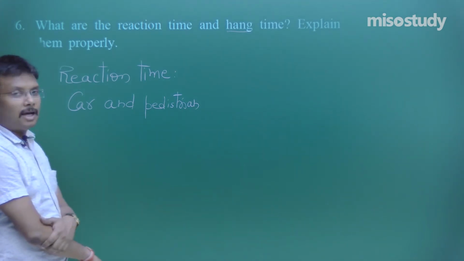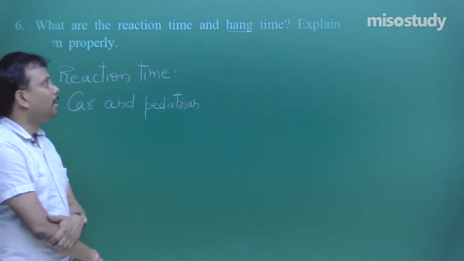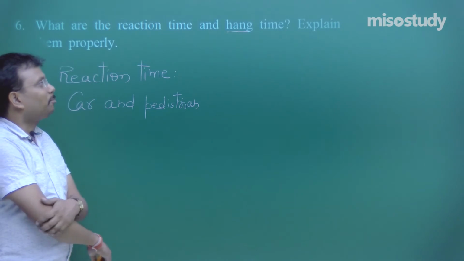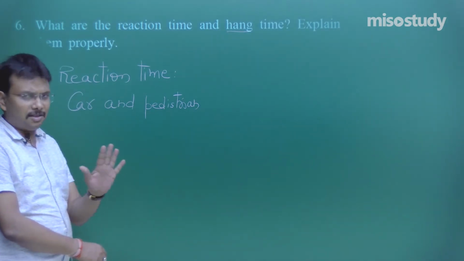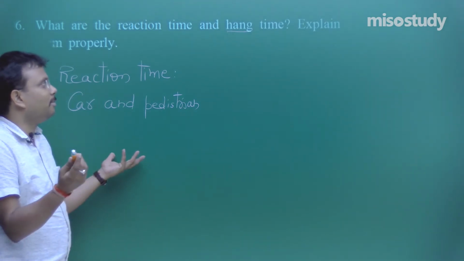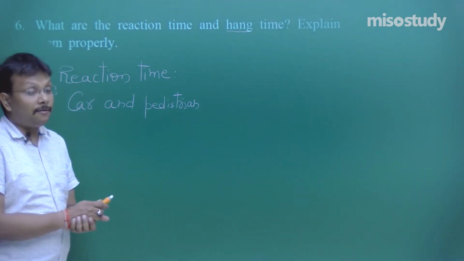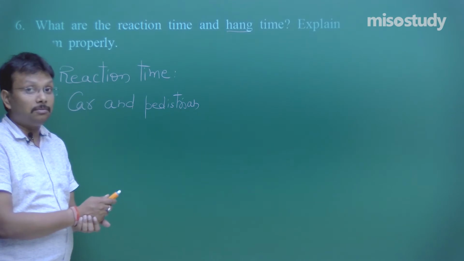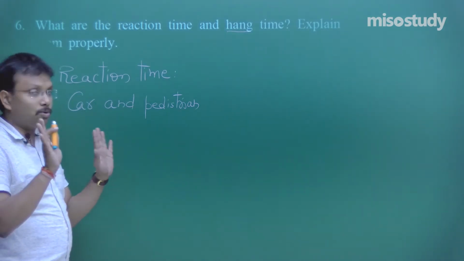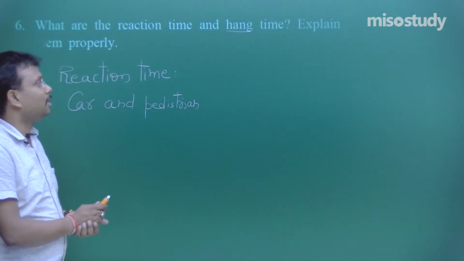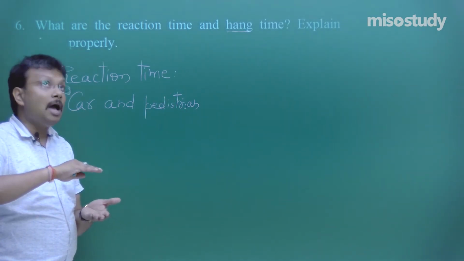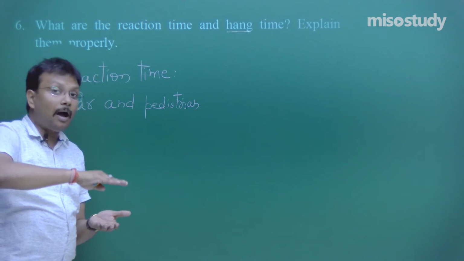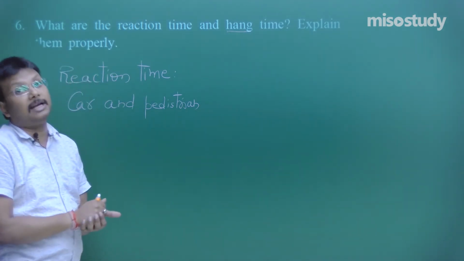Now hang time is, say for example, from the top of the Qutub Minar I jumped. Just imagine this, a rudimentary but basic example. So definitely I will take some time to reach the ground safely. I am with a parachute, don't worry. Again I will come back with a new video. So hang time is the time taken by me after jumping, till I am in the air, then I touch the ground. That is the hanging time.